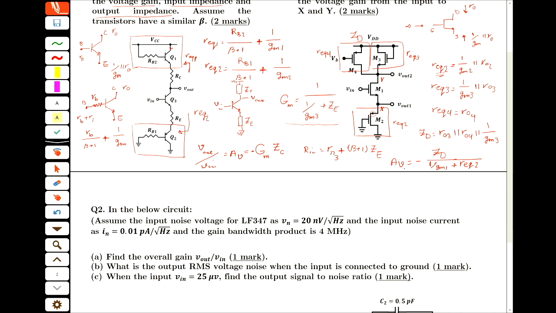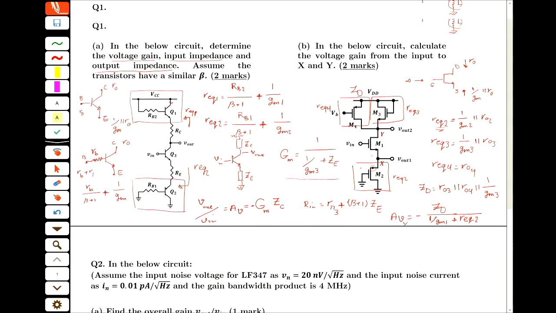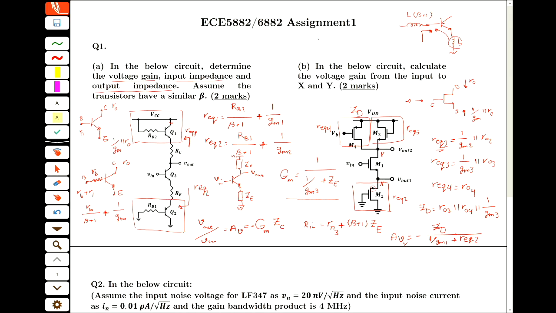So this is the AV at Y. AV of X equals R equal to GM.